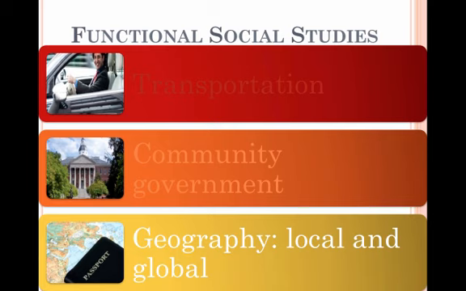Local and global geography. Obviously, when we teach social studies, we start at the elementary level and we're talking about navigating your neighborhood. And then we go a little bit older to navigating your town. And then a little bit older, understanding that your town is part of a state, and that your state is part of a country, and that your country is part of a global function.